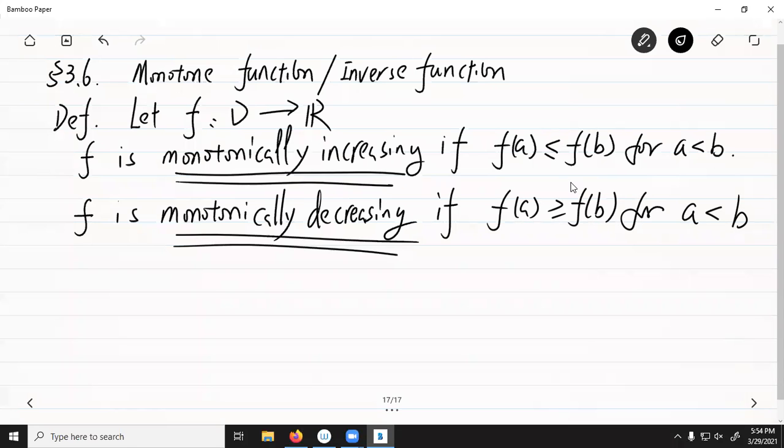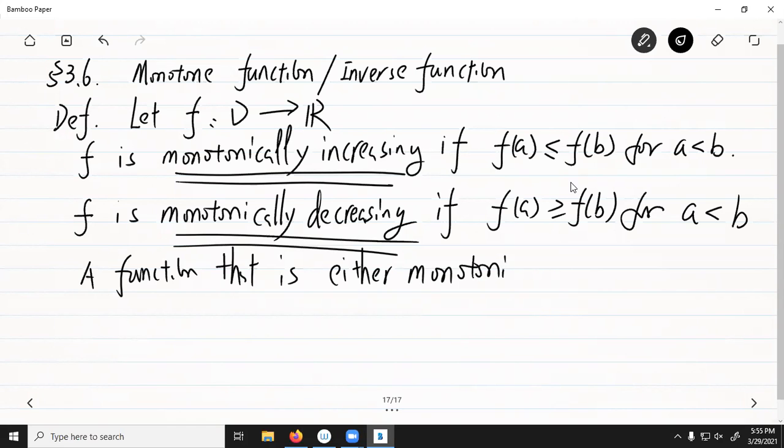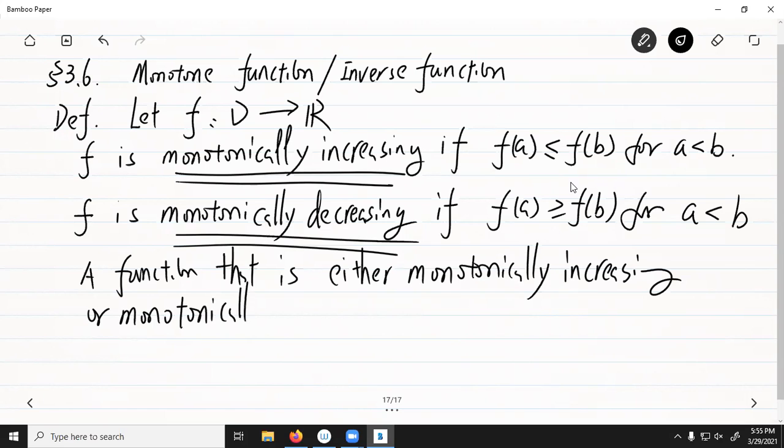It's called monotonically decreasing. We say a function f is a function that is either monotonically increasing or monotonically decreasing.